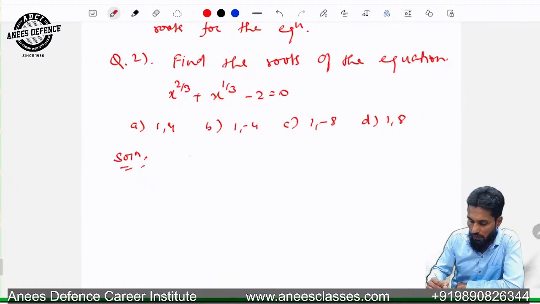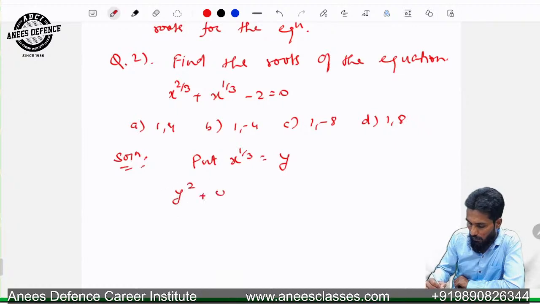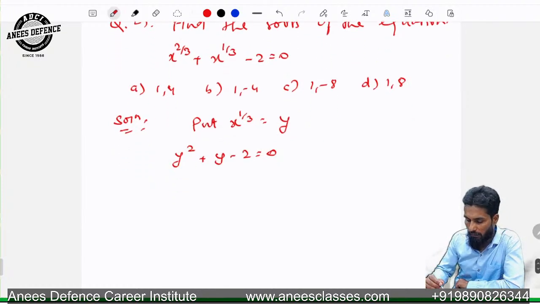So to solve this question, you have to assume first. If you look at the question carefully, you will see x raised to 1 by 3 is common to both. So you need to put x raised to 1 by 3 as y, and then your equation becomes y square plus y minus 2 equal to 0. Then only we can solve it. Now since it is a quadratic equation, it will have two roots.